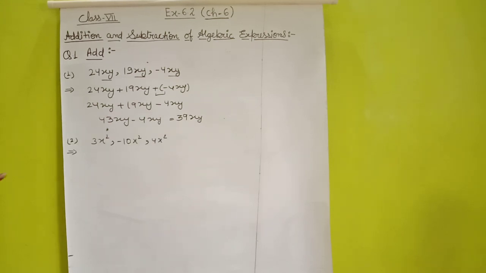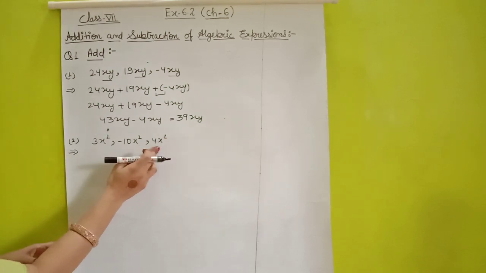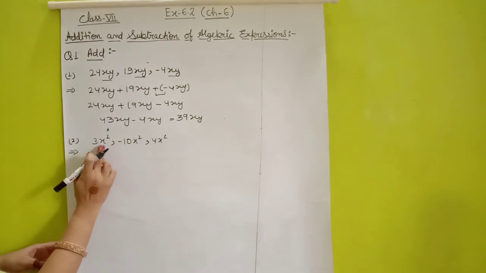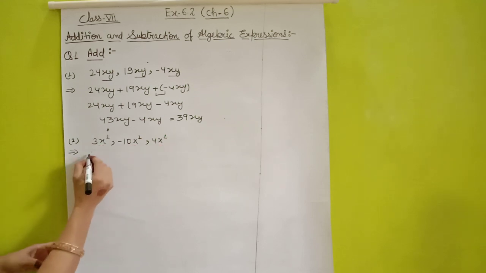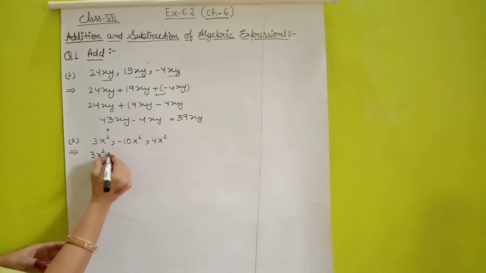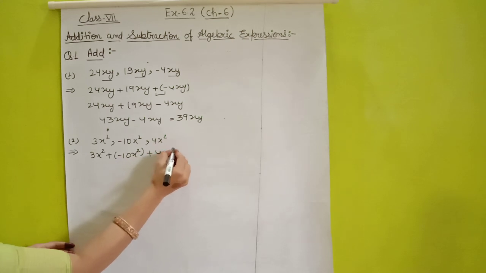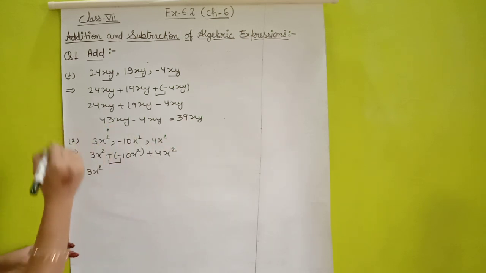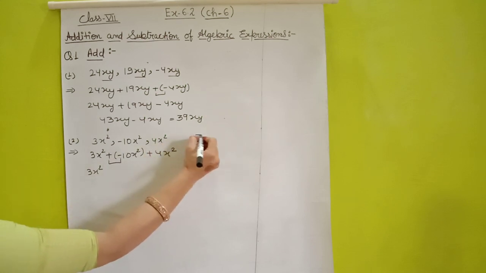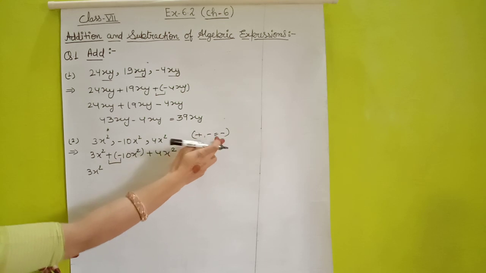Students, one more question. 3x square, minus 10x square, 4x square. Again x square, x square. Given terms are like, so 3x square plus, because we are to add, then minus 10x square plus 4x square. Again 3x square will come as it is, plus minus will be minus. As you know, plus minus will be minus.